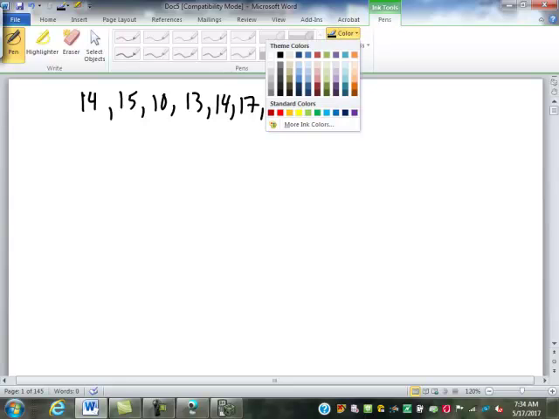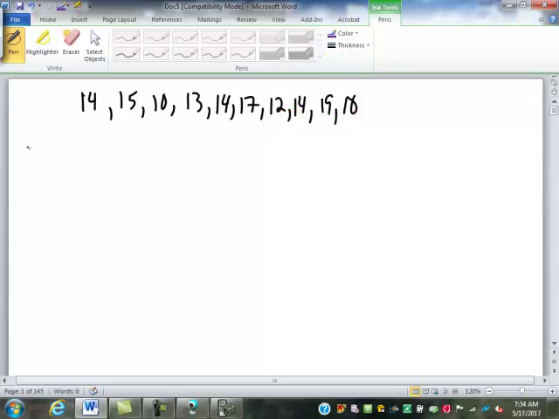But the first thing we have to do for mean, of course, is just add them up. 14 plus 15 is 29, plus 10 is 39, plus 13 is 52, plus 14 is 66, plus 17 is 83, plus 12 is 95, plus 14 is 109, plus 19 is 128, plus 10 is 138.